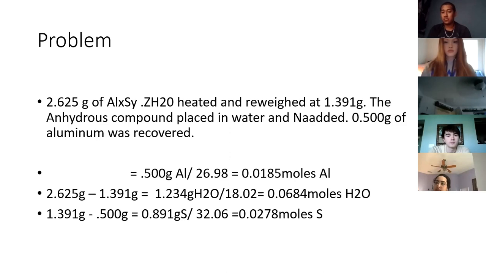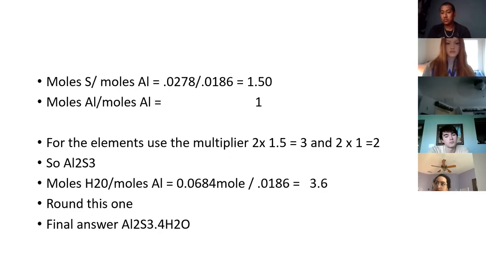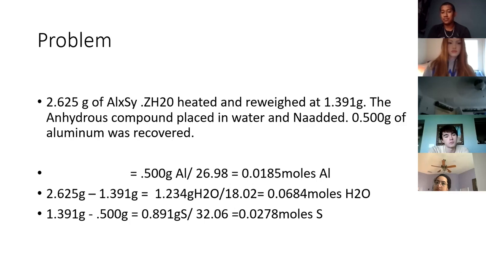Divide by the smallest. Okay, but I got to do it in two stages. First one, I got to consider aluminum and sulfur. The second one, I got to consider water and aluminum. Okay, so choose one. Aluminum and sulfur. Okay, which is smaller?